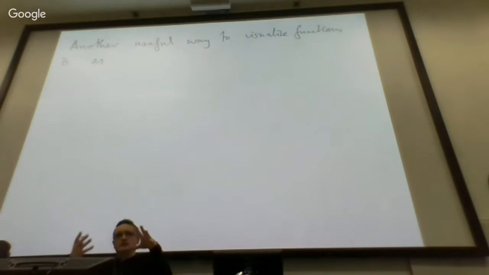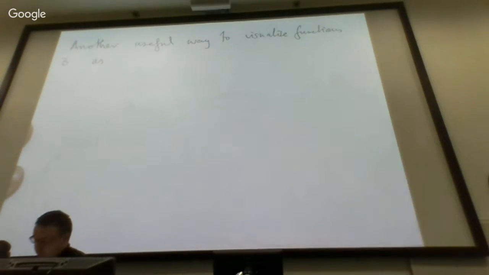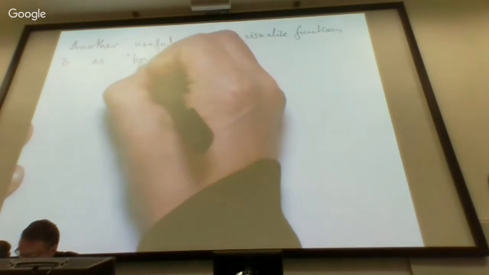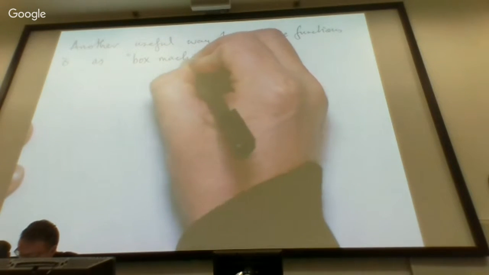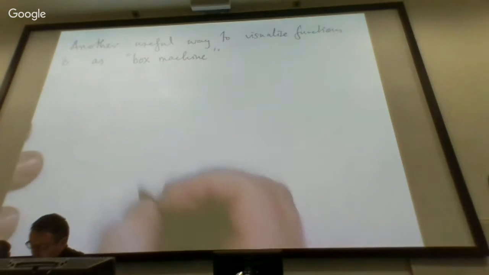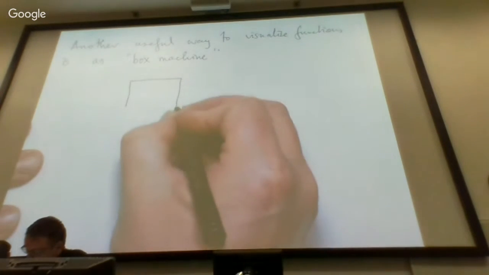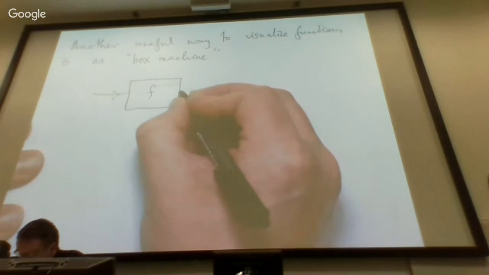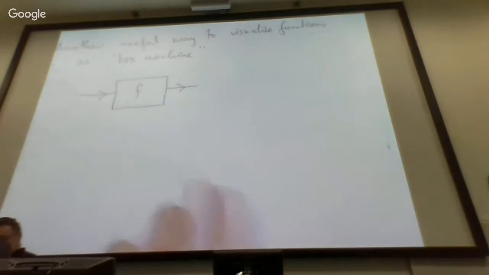And maybe the inner workings of the box are hidden from you in some way. I don't think there's really any standard term for it. So it's just a box machine, let's say. So don't worry too much about what it's called, because really the idea is the visual picture of it.